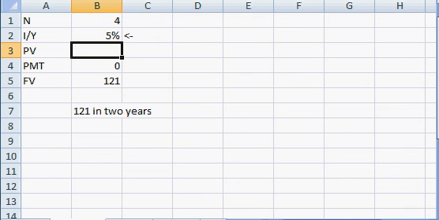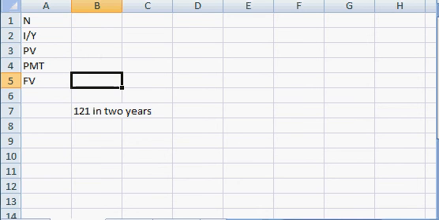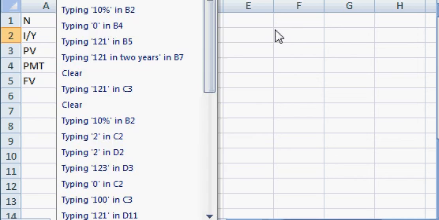Then we would hit the compute button and find out what the PV is. In general, for doing a bond, we will often have these semi-annual things. If it's a 4-year bond, we might have 8 payments, and the interest rate is going to be your yield to maturity divided by 2.